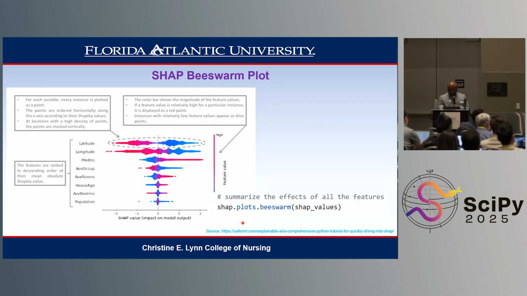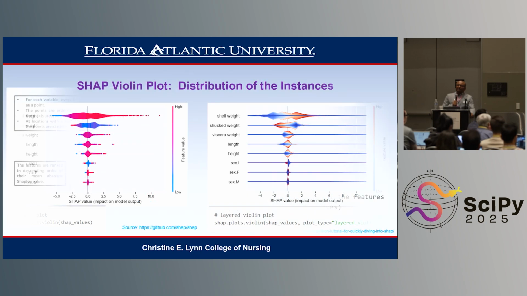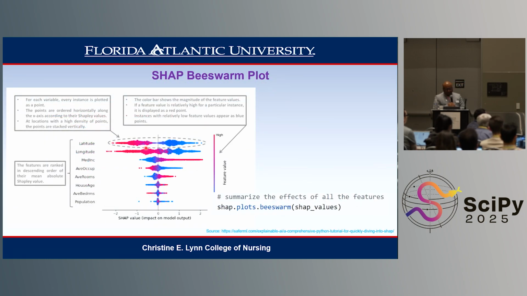Anyway, so now we are a little more adventurous at this point. This is called the SHAP beeswarm plot. In this plot, we want to see the local and global together, and this is a better way.